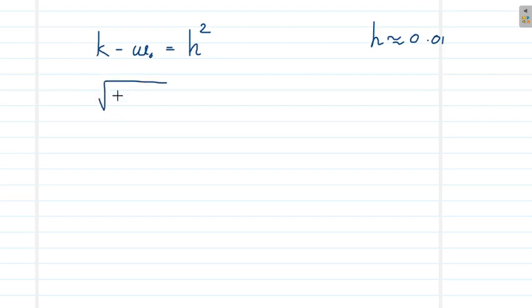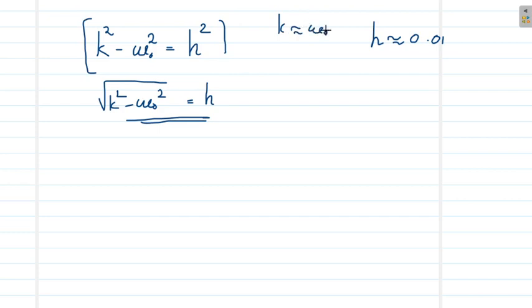Now root of k square minus omega 0 square is root of h square, which can be chosen as h. So choose the substitution like this. K is approximately equal to omega 0 and k square is approximately equal to omega 0 square, and that small difference is called h square.